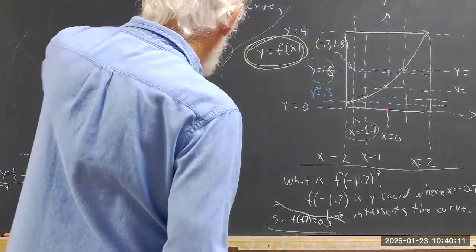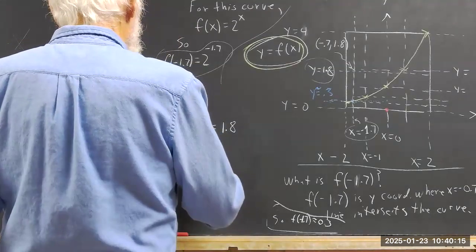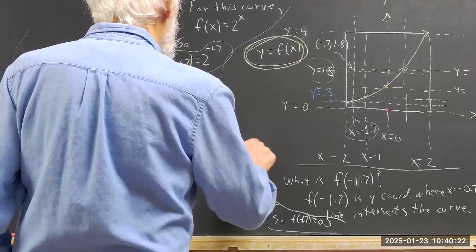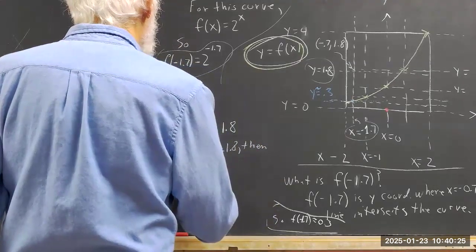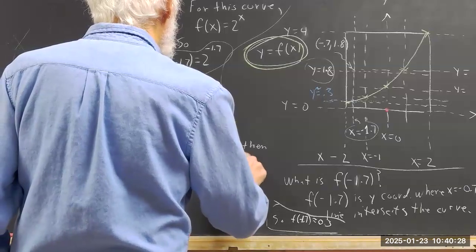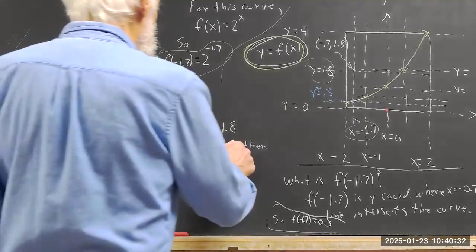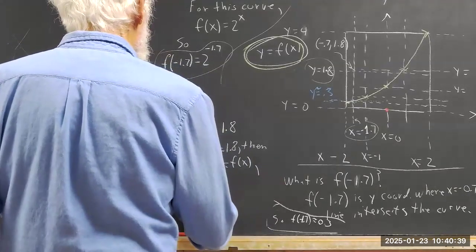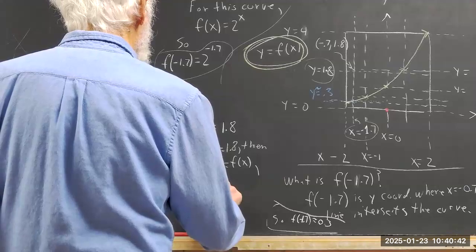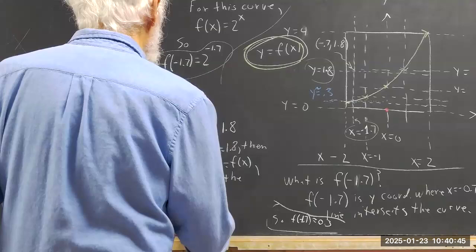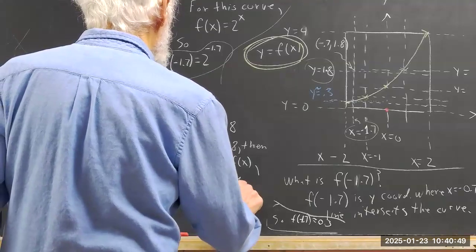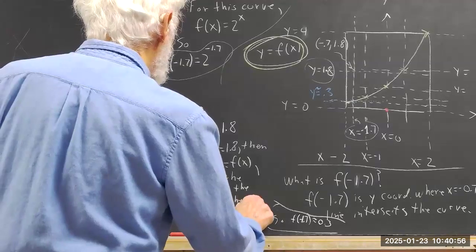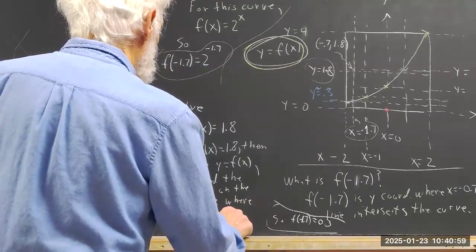f of x equals 1.8 means, if f of x equals 1.8, then since y equals f of x, we find the point on the curve where y equals 1.8.